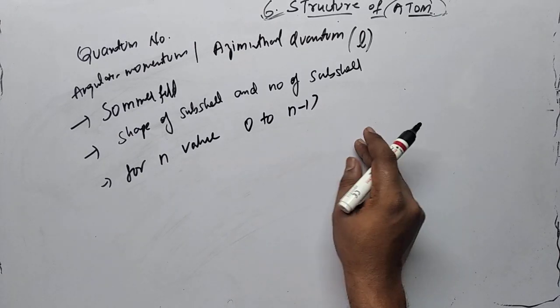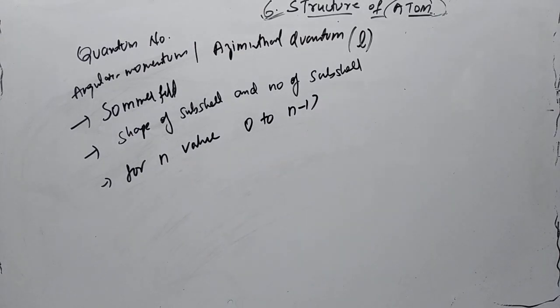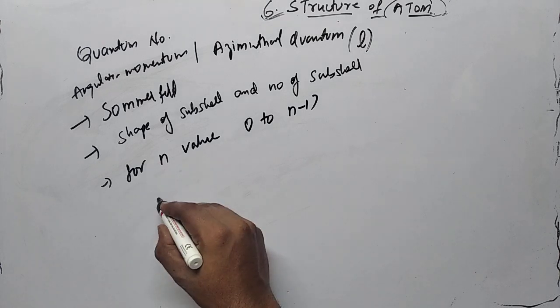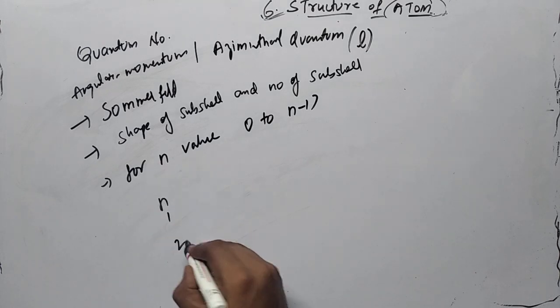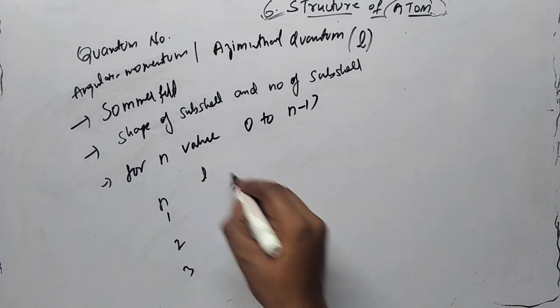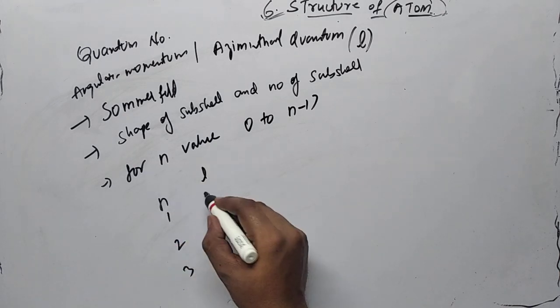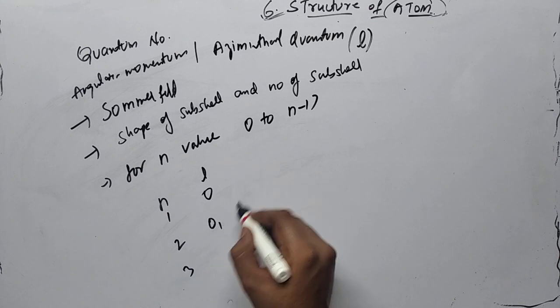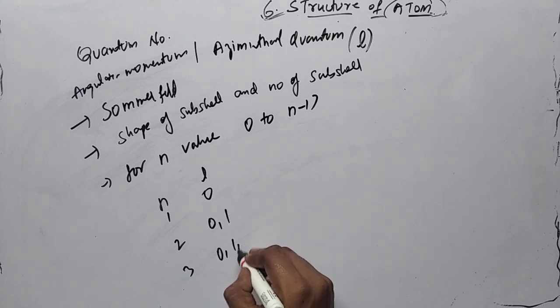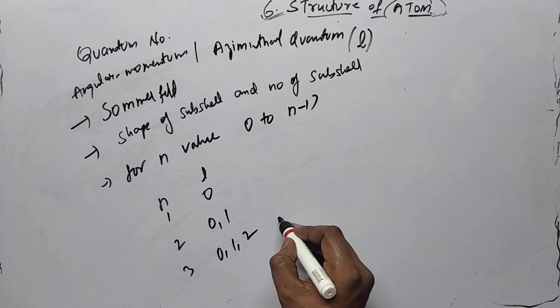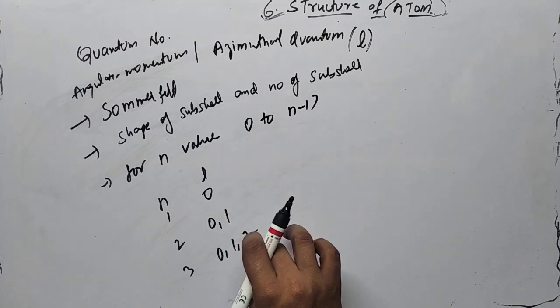The number of subshells in a given shell is equal to the number of l values. Suppose we have n values 1, 2, 3. What are the possible l values? For the first, l is 0; for the second, 0 and 1; for the third, 0, 1 and 2. These are the l values.